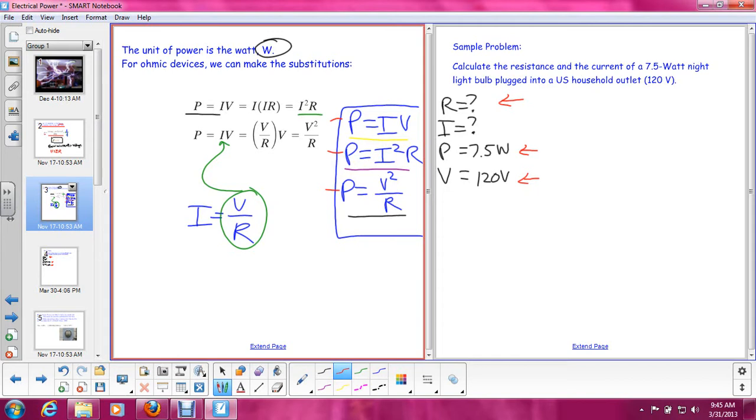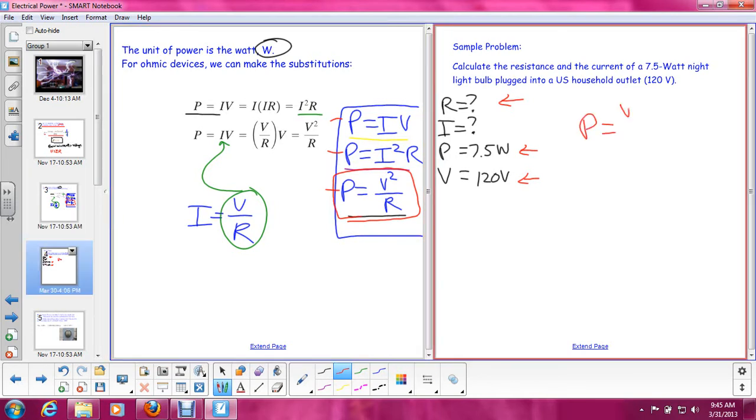Well, it's the last one. The last one has V, P, and R, and no I. So we're going to use P equals V squared over R. We know the power is 7.5, we know the voltage is 120, and we need to square that. And we divide that by R.